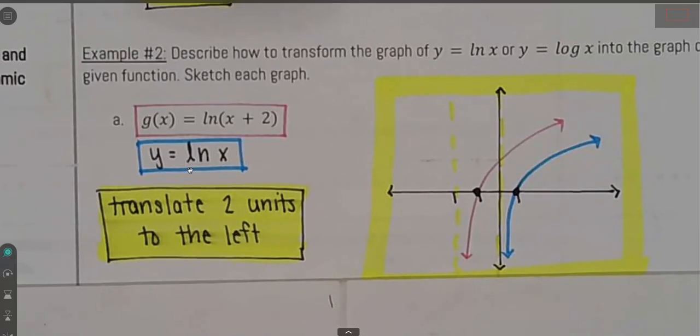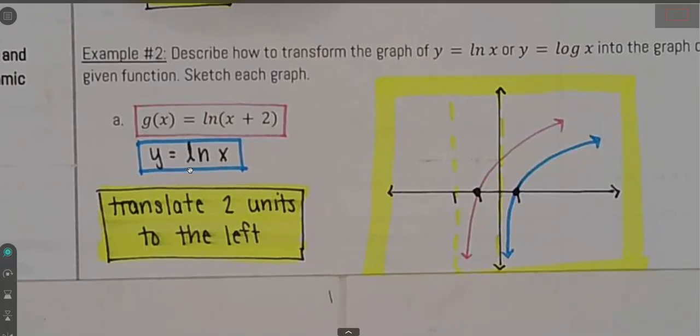Here's a question about the exponential function. Where is the asymptote on the exponential function? Bonus point if you raise your hand and tell me. There's a horizontal asymptote at 0.